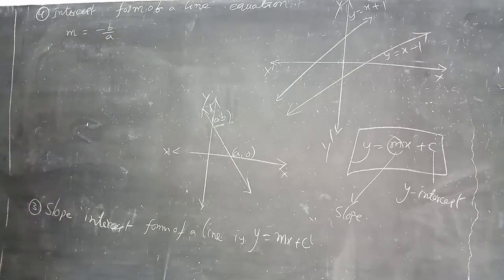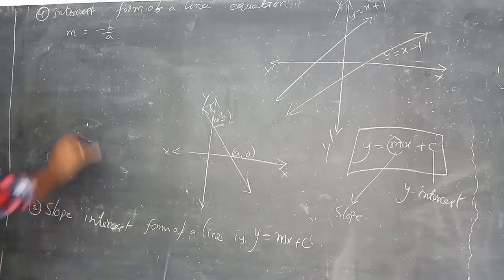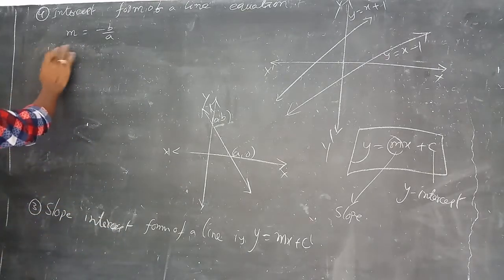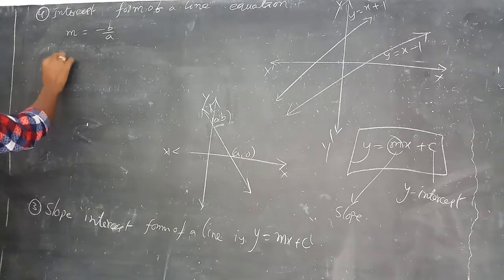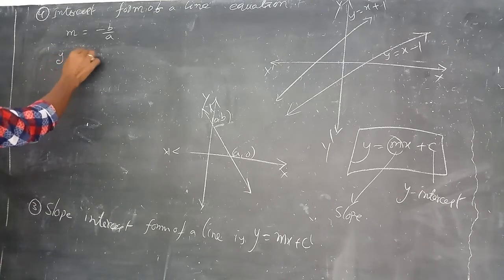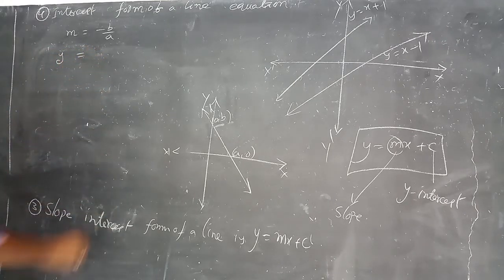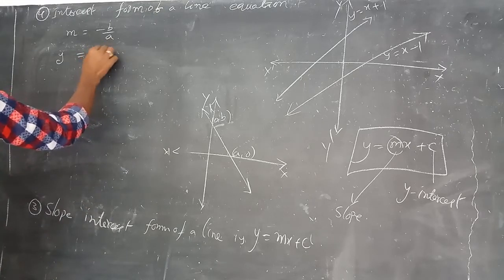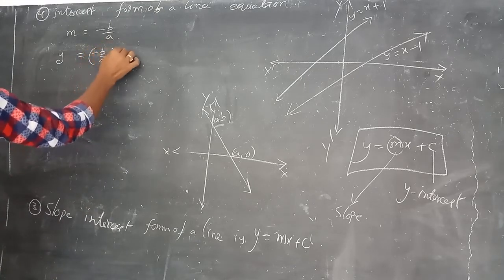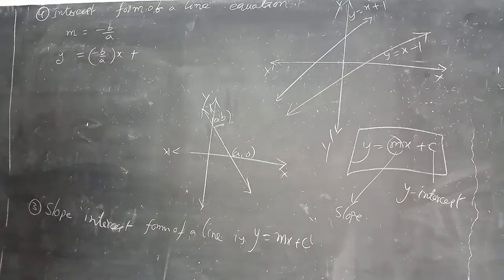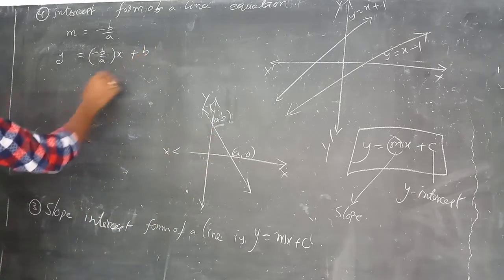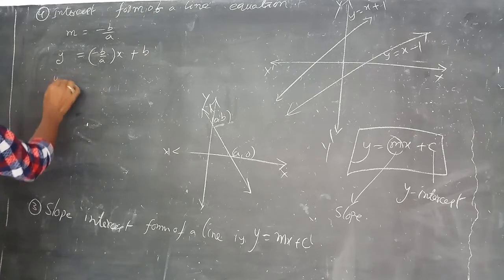In y is equal to mx plus c, m is minus b by a and c is the y-intercept b.